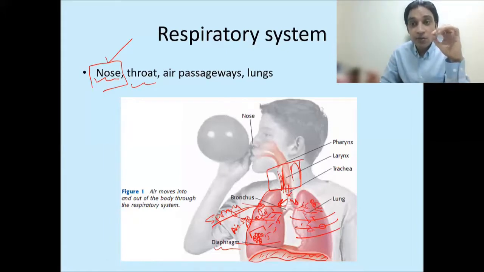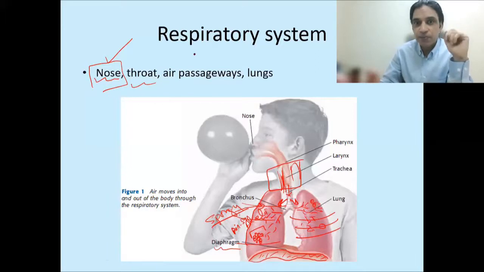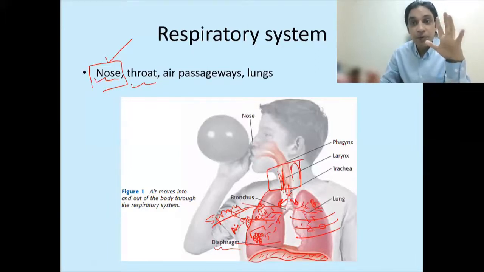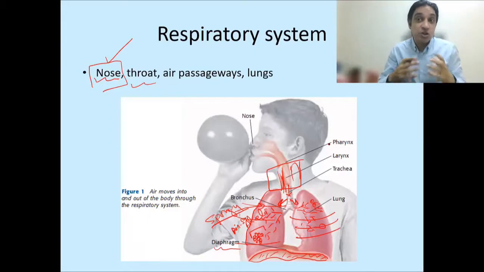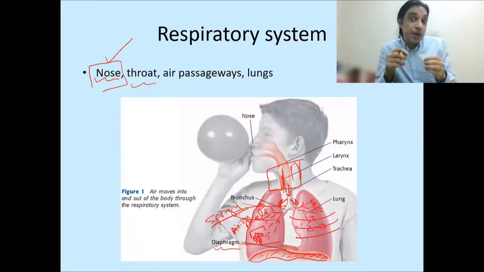Remember, in humans, if something is not made up of muscles, that structure will no longer be able to contract or relax. Full stop. So if you want some structure to contract or relax, it should be made up of some sort of muscles.